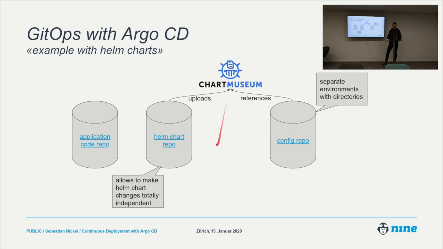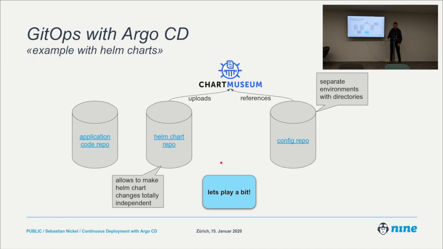You can also put the Helm chart directly in the config repo, but I feel more confident having it totally separated. Here I can play around and I know nothing goes wrong on production or staging. And then if I'm done with my new Helm chart, I'm just referencing the new version here, push, and Argo CD will apply it.